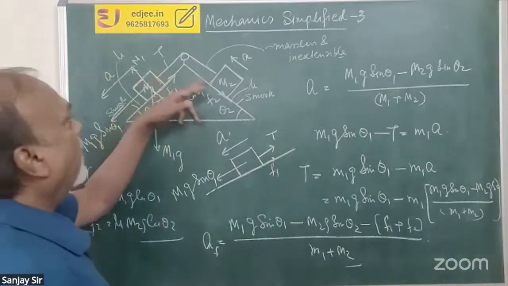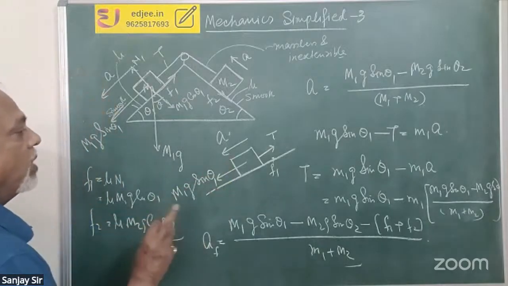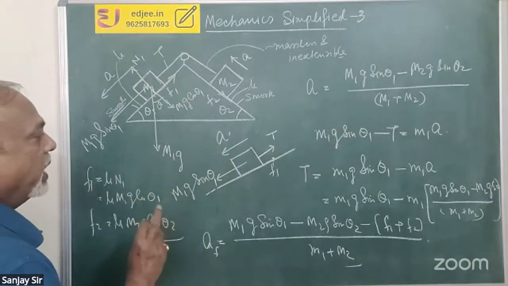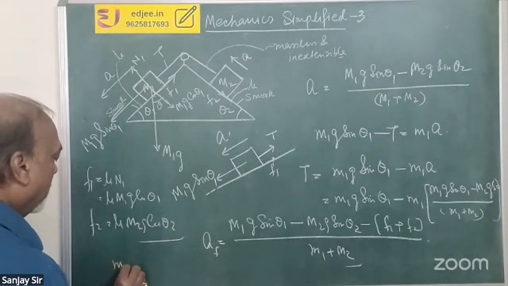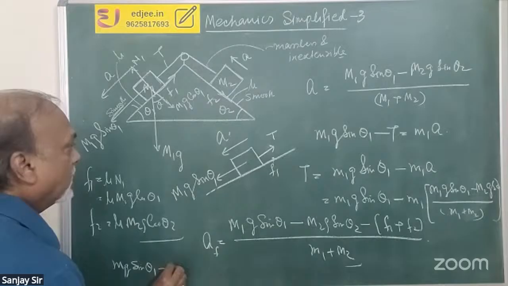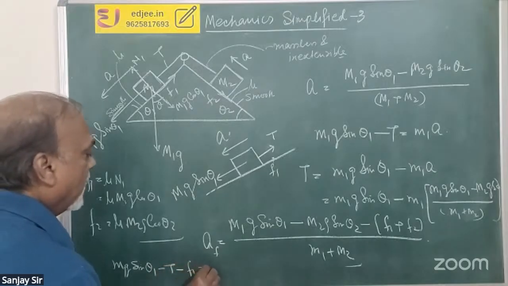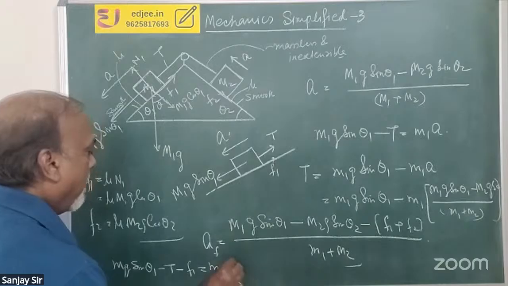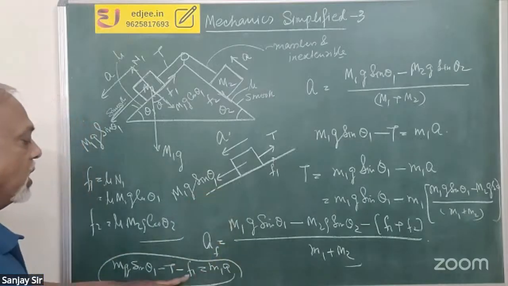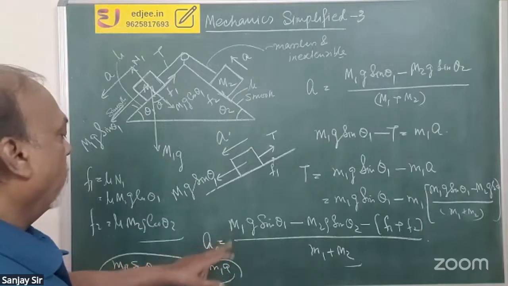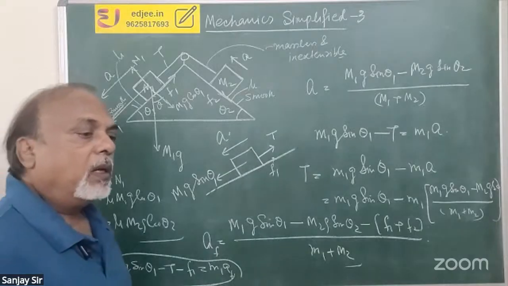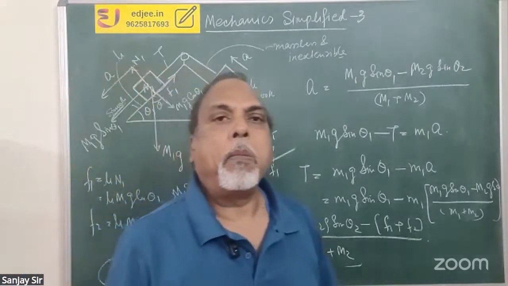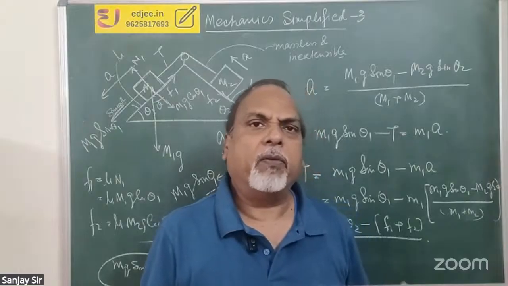Tension will be the same along the string, but the value of tension will be different, because here now m1 g sine theta 1 minus T minus F1 must be equal to m1 A. With this equation, you can find A when friction is applied, and you can find T out if friction is there or not.